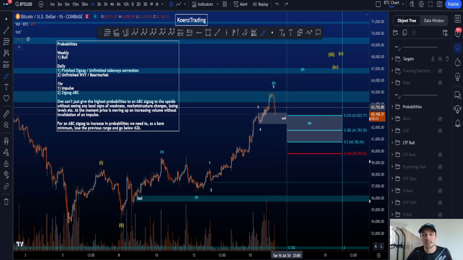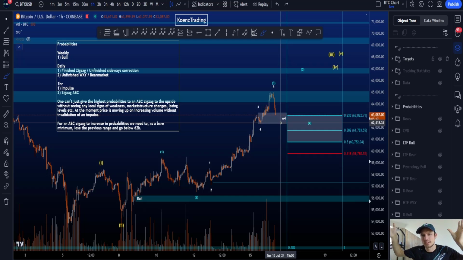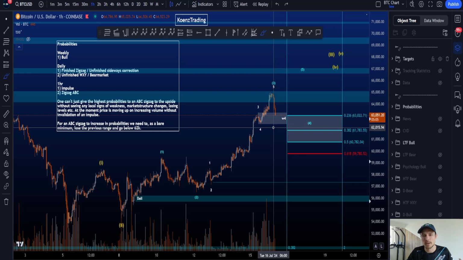But we have now hit a very important area on the chart from an Elliott wave point of view, because it is pretty much the middle between a zigzag ABC and an impulse 1, 2, 3, 4, 5, right? But you can't just out of nowhere give the highest probabilities to a zigzag ABC, because we first want to see price losing support, maybe invalidating an impulse, seeing more bearish CVDs building, and that sort of stuff, right?